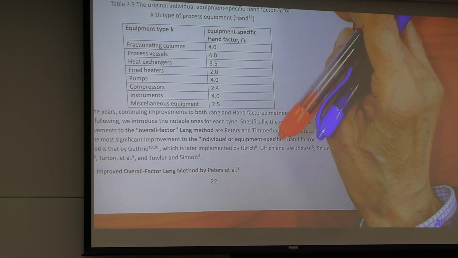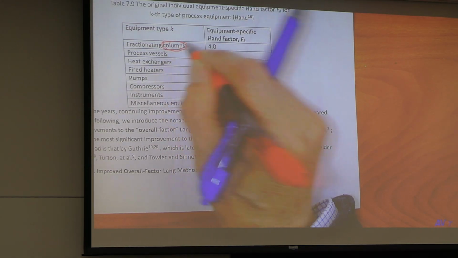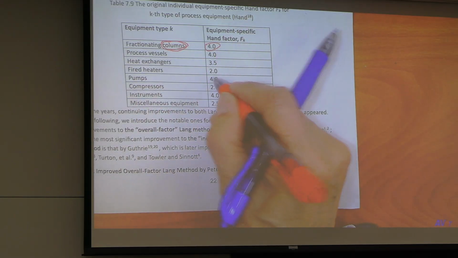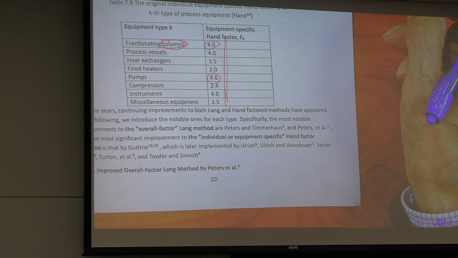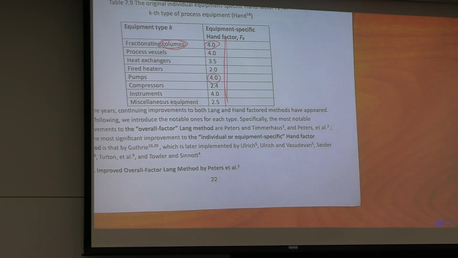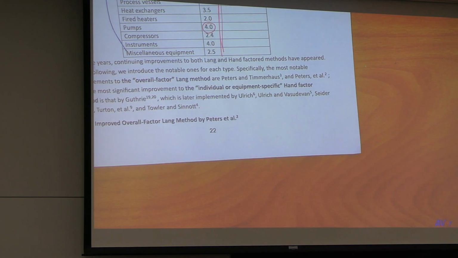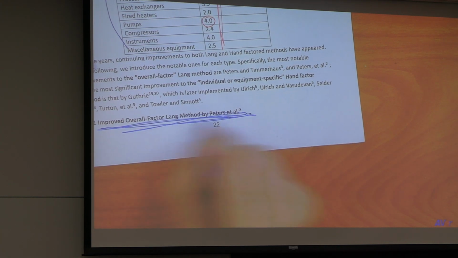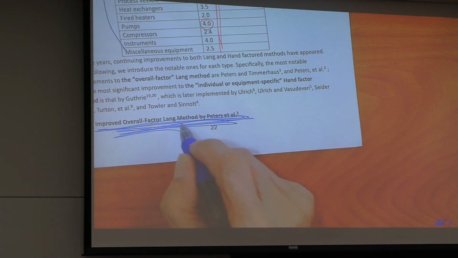Page 21. For distillation column, the multiplier is 4, pump 4, and so on. Now, over the years, people improve upon this. This is the method we're going to use, the Peters method, the improved overall factor Lang method.